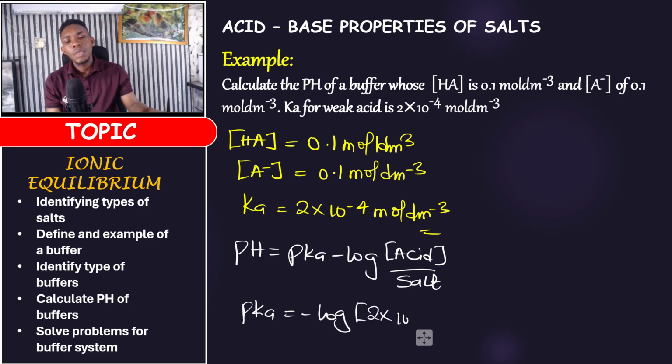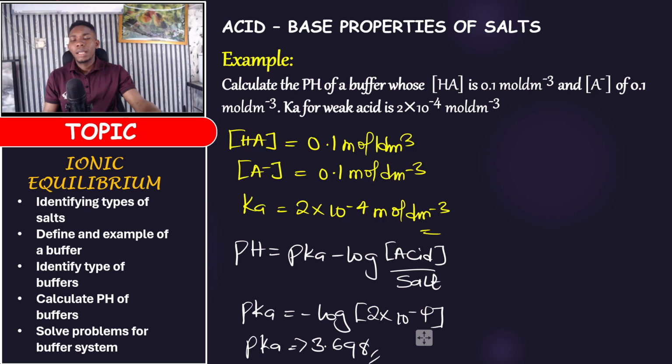Ka is 2 times 10 raised to the power of minus 4. So what do you think your pKa will be? So you press calculator, minus log 2 times 10 raised to the power of minus 4, which is 3.698. So this is our pKa.